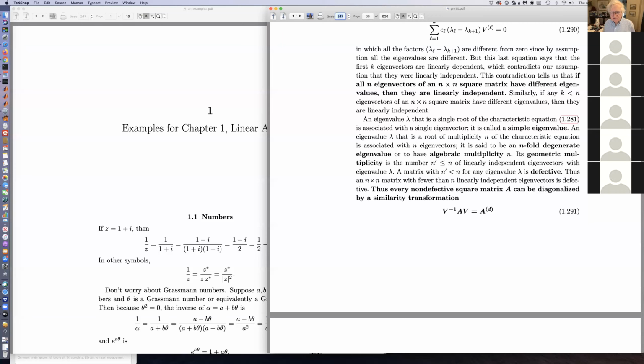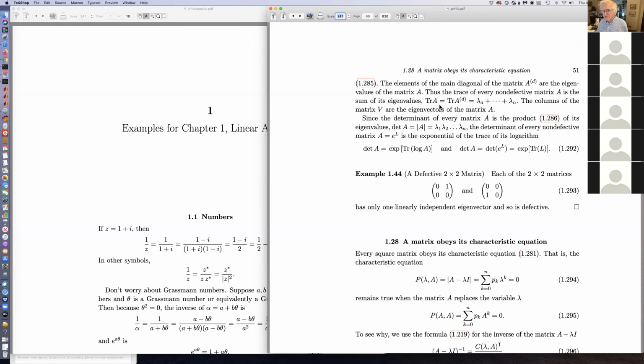Incidentally, the trace of every non-defective matrix is the sum of its eigenvalues.